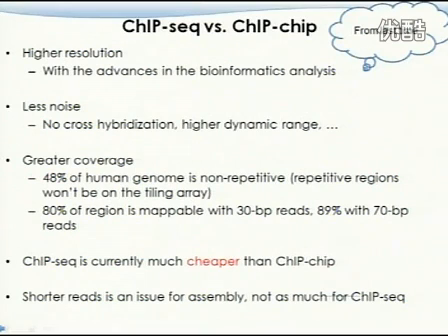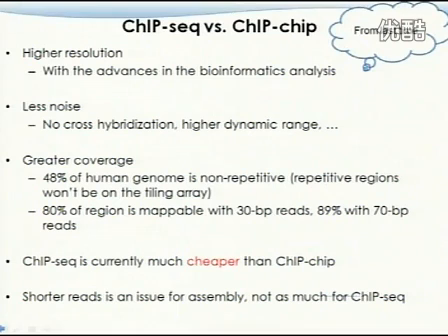ChIP-chip is actually not the first technology that we could use to do this genome-wide, but ChIP-seq has higher resolution in the bioinformatics analysis, and it has less noise compared to ChIP-chip, and greater coverage. This is quite interesting because we know about 48% of the human genome is non-repetitive, which means 52% is repetitive. Those 52% are not going to be designed on the tiling array, so you won't get any signals around those regions.